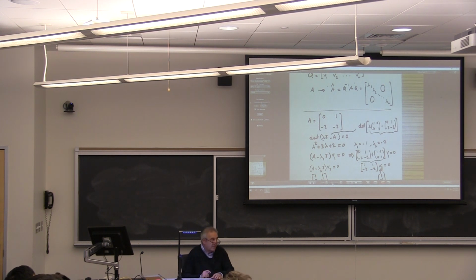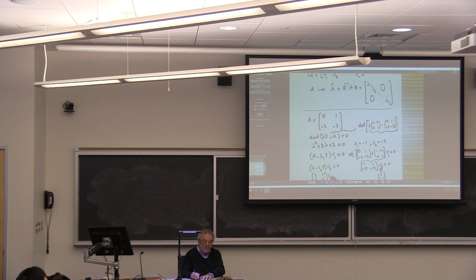Minus 2. Is that clear? That becomes A minus lambda 2 times I times V2 equal to 0. What would be the solution in this equation? One of the solutions that you can take as a linearly independent vector solution is going to be, let's say, 1 and minus 2, right?